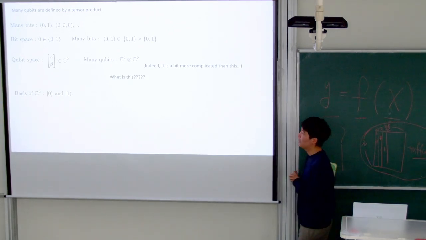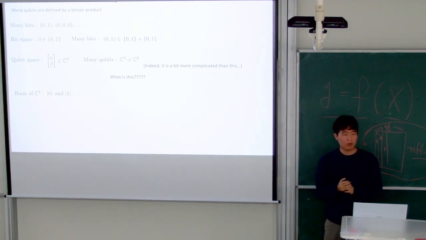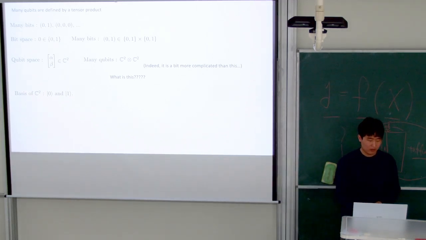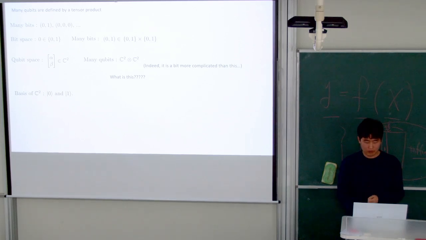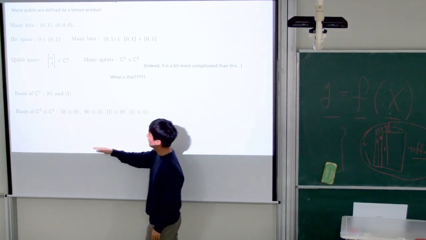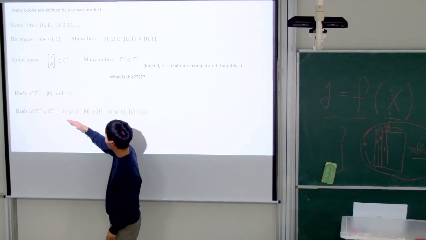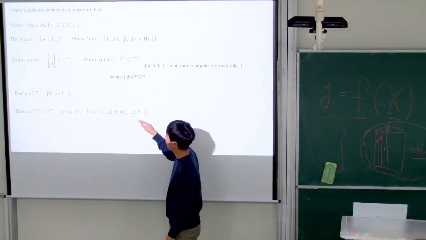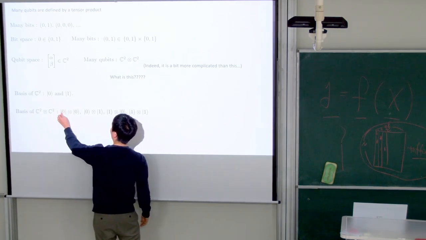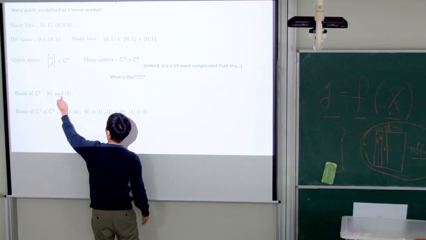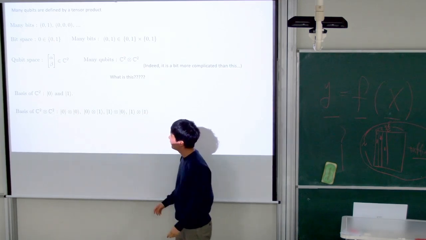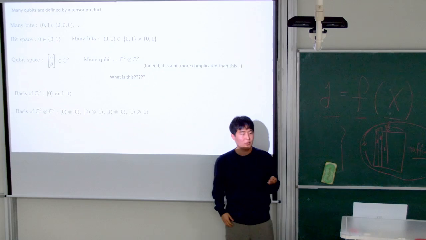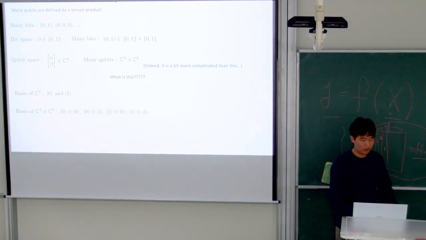The basis of C2 was the 0 vector and the 1 vector. So the tensor product will be explained in terms of the basis. The basis of this space consists of these 4 symbols. In the first part, you can take either one of these. In the second part, you can also take either one of these. So we have basically 4 combinations of these basis elements.